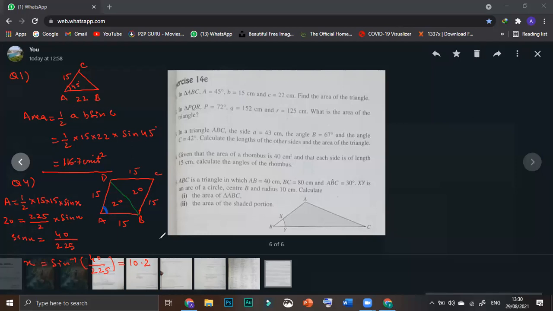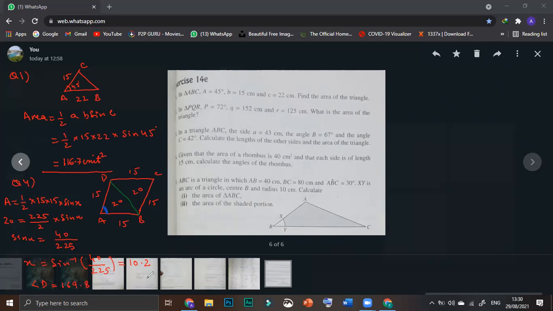Now, as you know that the adjacent angles of a parallelogram are supplementary. So if angle A is 10.2, then angle D is 180 minus 10.2, 169.8.